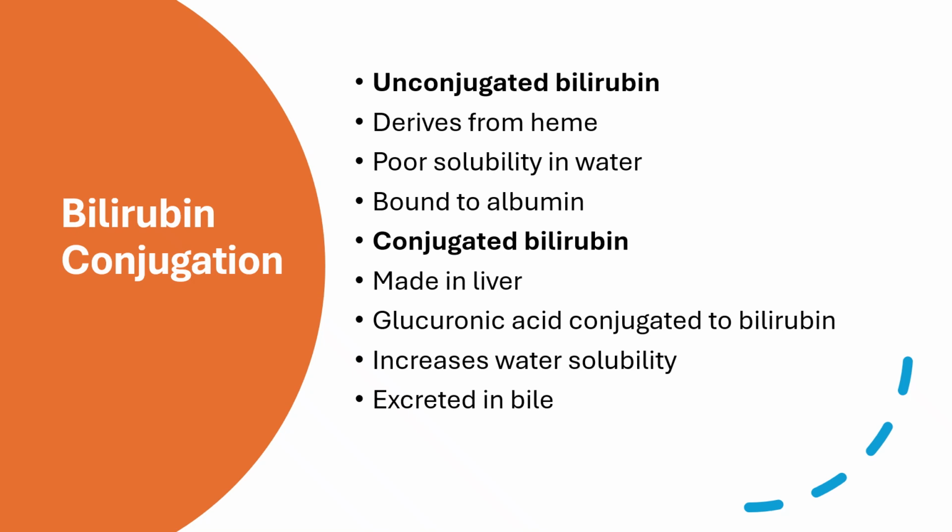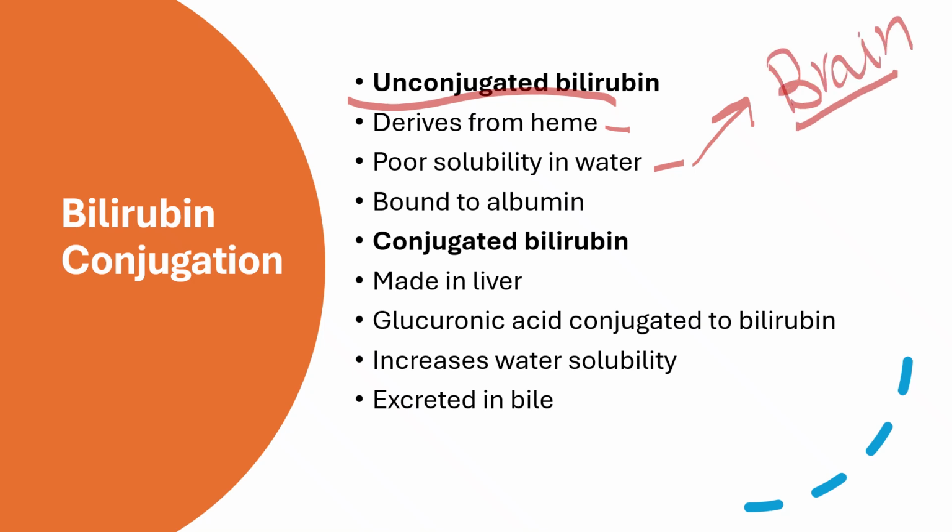So bilirubin conjugation. There are two types of bilirubin. Unconjugated bilirubin is derived from the heme. It is poorly soluble in water, and it may deposit in the brain and may lead to kernicterus. Why does it deposit in the brain? Because this unconjugated bilirubin is lipid soluble and bound to albumin.